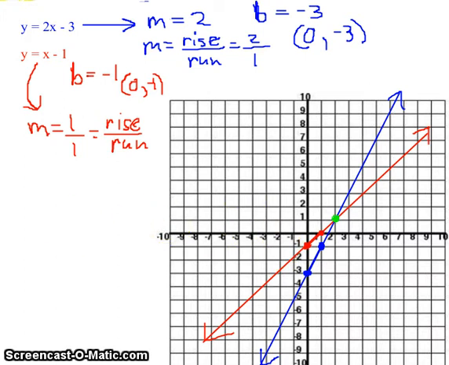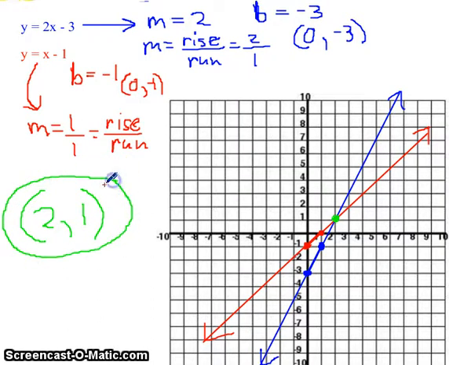Well, starting at the origin, you would go to the right 2 units for your x, up 1 unit for your y. Right 2 for your x is a positive 2 for your x, up 1 unit for your y, a positive 1 value for your y. Your solution to the system is (2, 1).